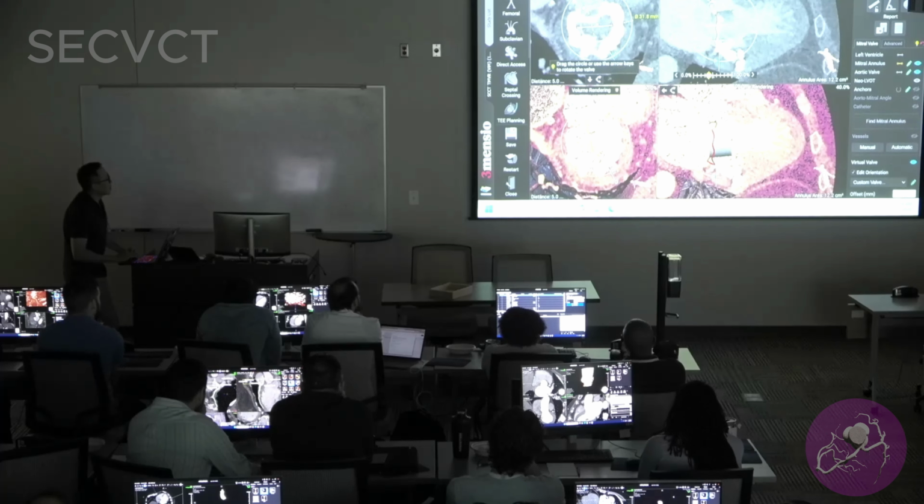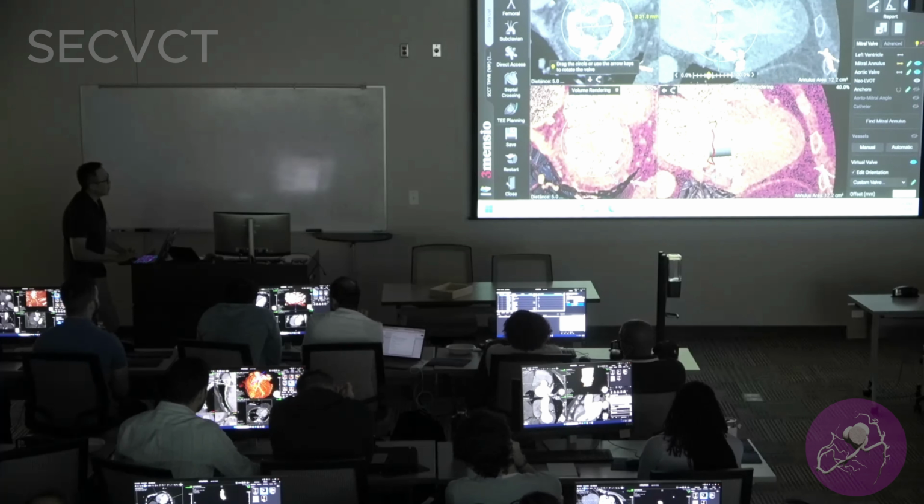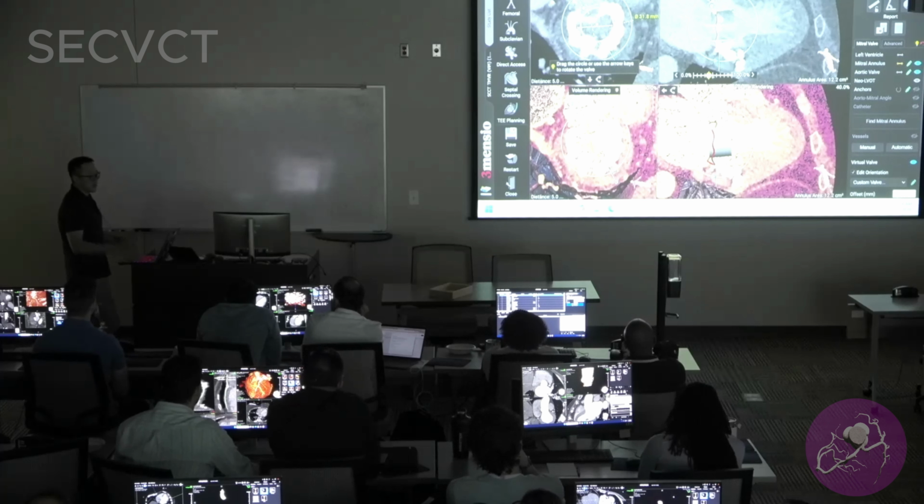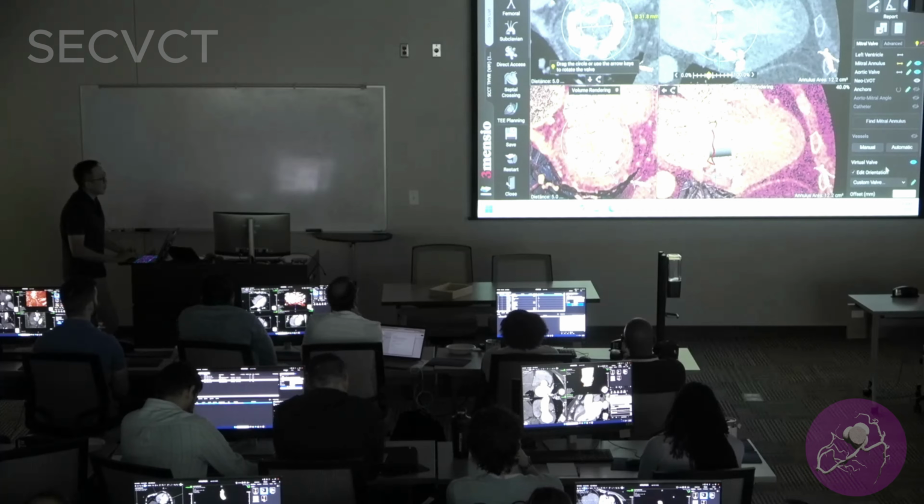It's going to be really tight in the AP plane, and it's not going to be big enough in the septal to lateral plane. In our experience, a lot of these do tend to circularize a little bit, but this is a case where I would still be concerned.